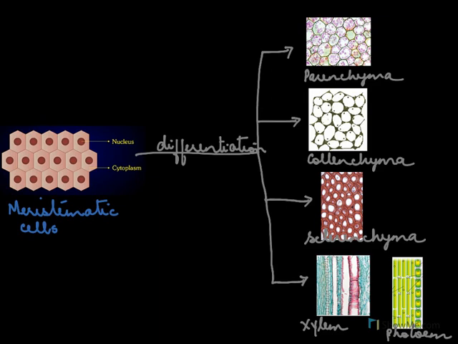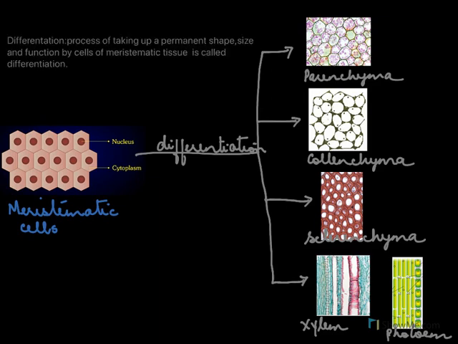So let's go ahead and define differentiation. The process of taking up a permanent shape, size and function by cells of the meristematic tissue is called differentiation. So the meristematic cells undergo this process of differentiation.